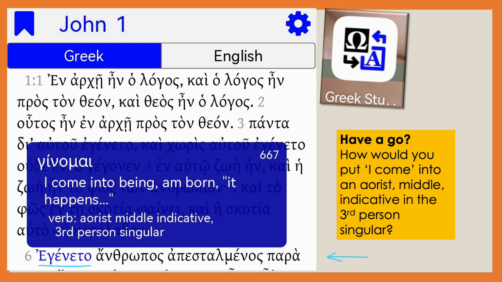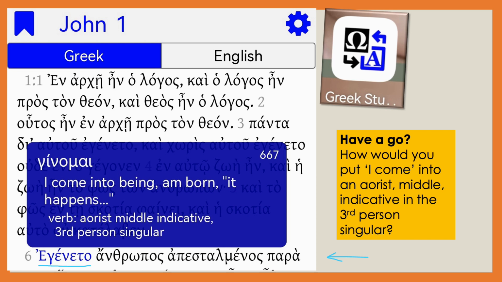You might want to pause the video a minute, but I wonder if you could have a go at thinking about how you would put the word I come into an aorist middle indicative in the third person singular. Don't worry too much about the middle bit, because any word that is coming or going will be in the middle anyway. I wonder if you could work that one out.